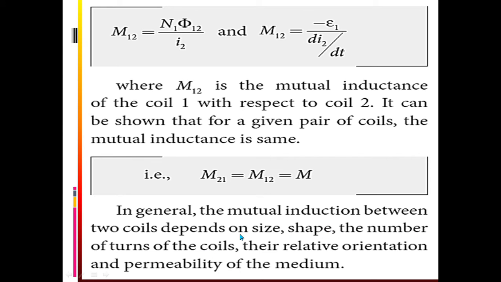So please note it down, children. This is a very important objective type point. In general, the mutual induction between two coils depends on size, shape and number of turns of the coils, their relative orientation and permeability of the medium.